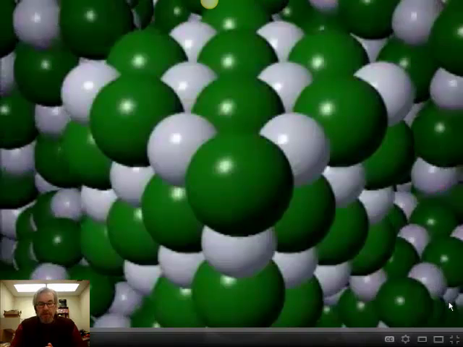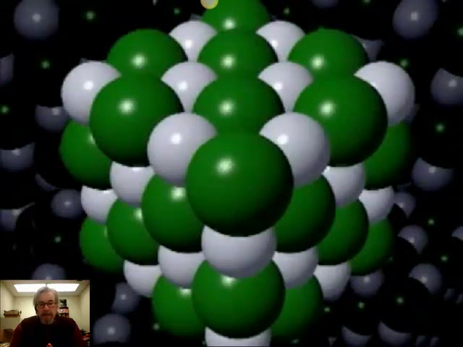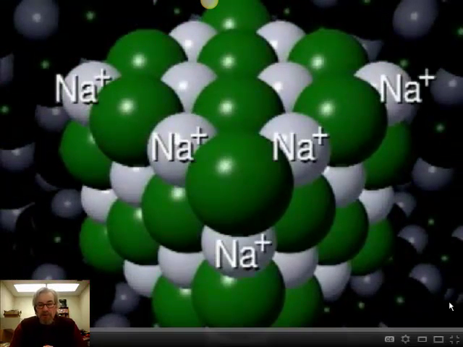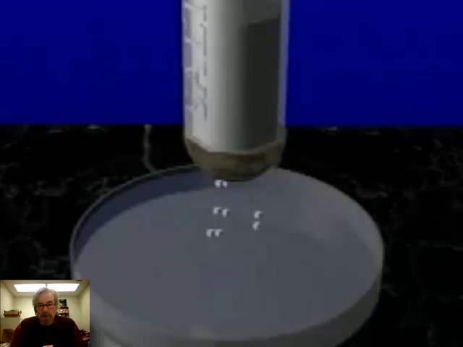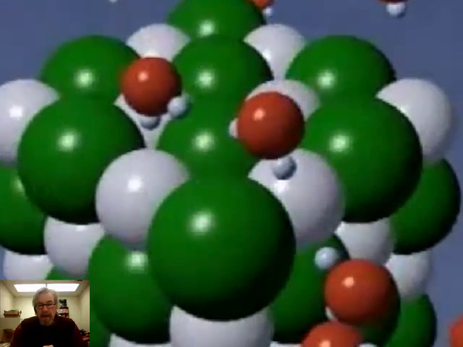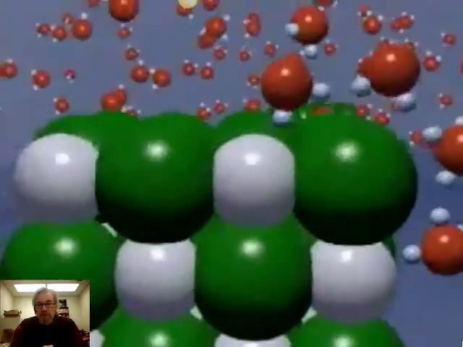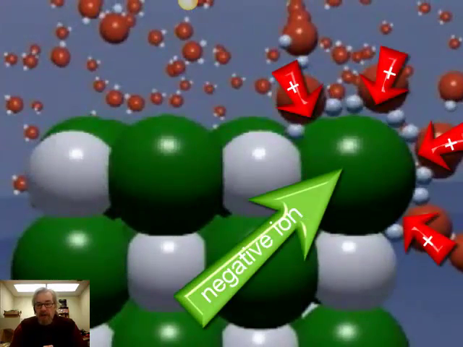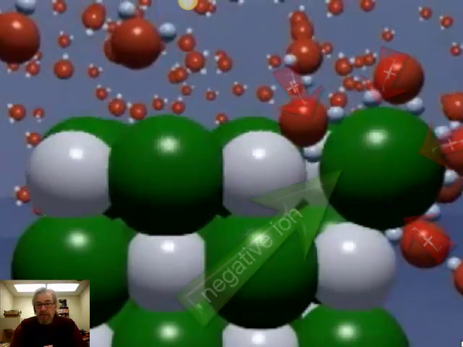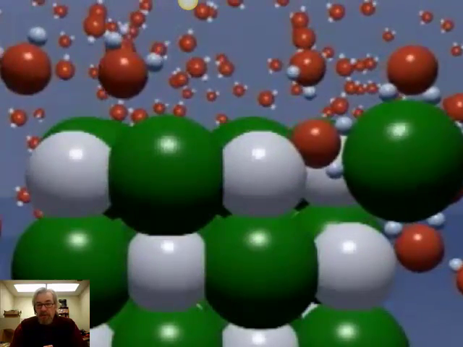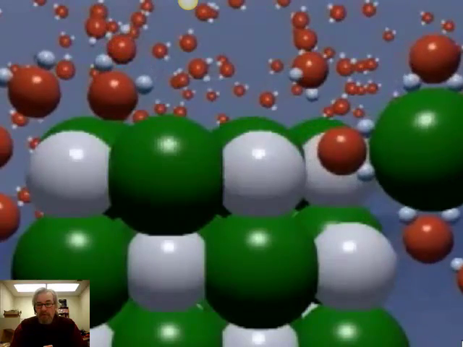This is what a crystal of sodium chloride might look like. You can see there are sodiums, which are shown here in silver. They're positive, and then the chlorines are green, and they're negative. If we dissolve sodium chloride in water, like this salt shaker shaking some crystals into water, if you could magnify that big enough, here's what you'd see. The positive H ends of water molecules would be attracted to the negative chlorines, surround them, shake them loose by their random motion, and then pull them away from this crystal.